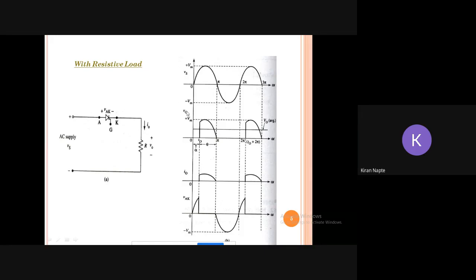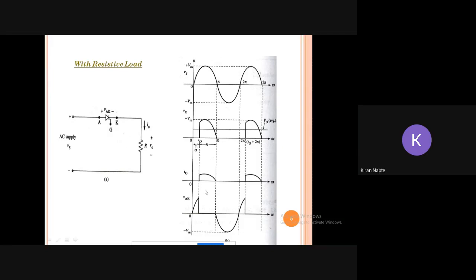On the output voltage, again Vm must be there, then 0, alpha, theta, pi, all these must be there. For the output current, it is I0, and omega t, all these must be there.